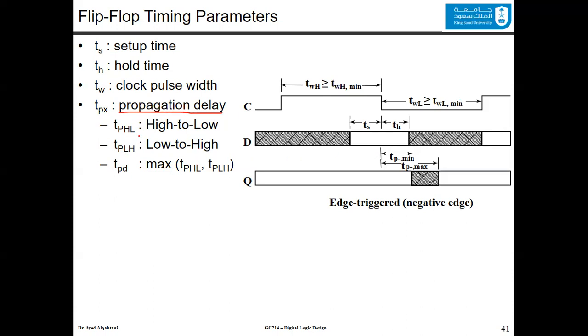The time from high to low is this time. Also for the other time, from low to high, meaning from this low to this high of the clock. Now, the propagation delay is the maximum between those two times.